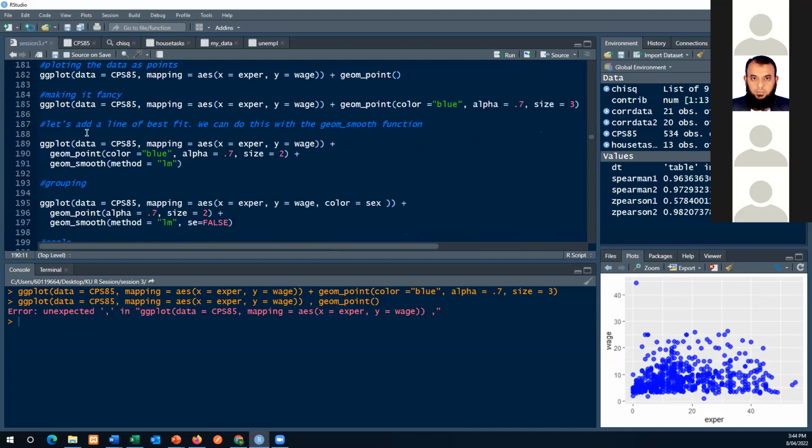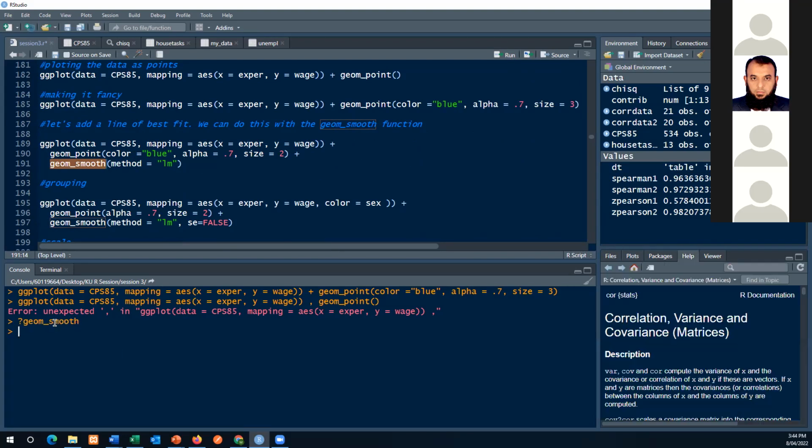Okay, then we have this graph, and we want to add a curve, for example to show how the data is fitting. I mentioned the logistic model before. The geom_smooth function is interesting: it automatically considers the lm function.